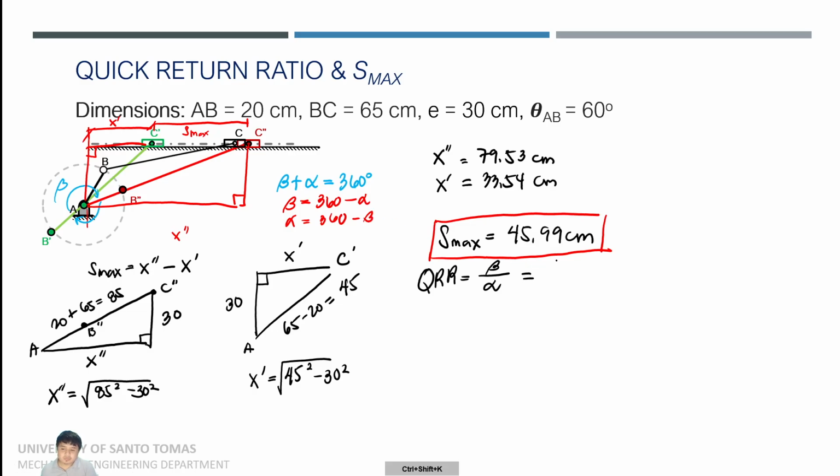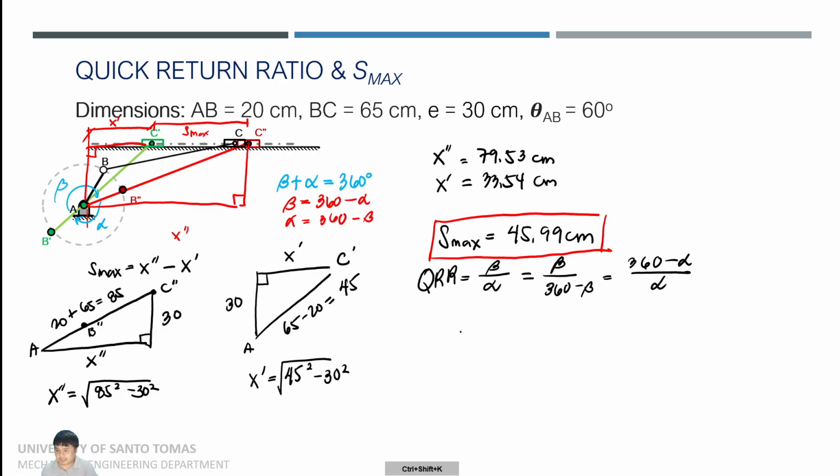There are cases where you can use beta over 360 minus beta, or you can also use 360 minus alpha over alpha. For this case, I guess we can use this one. We can just find this alpha right here.